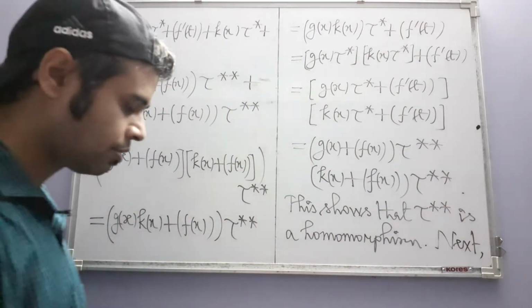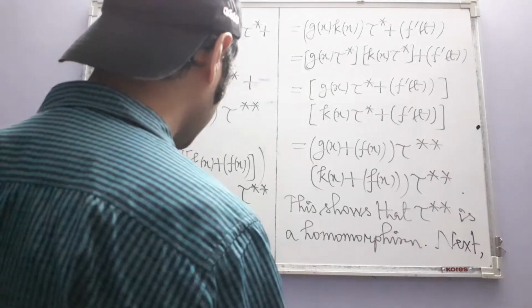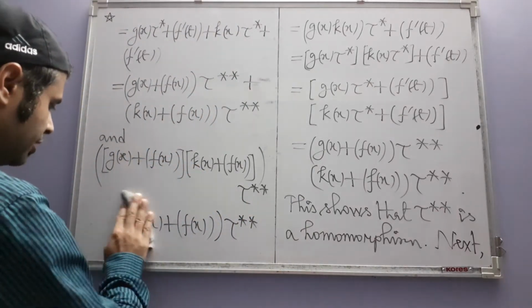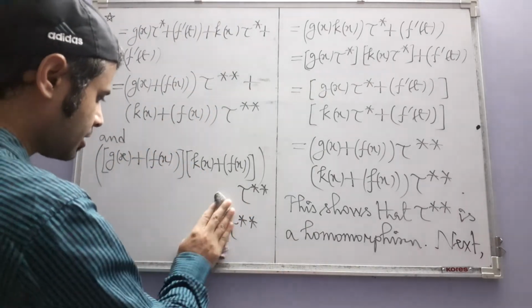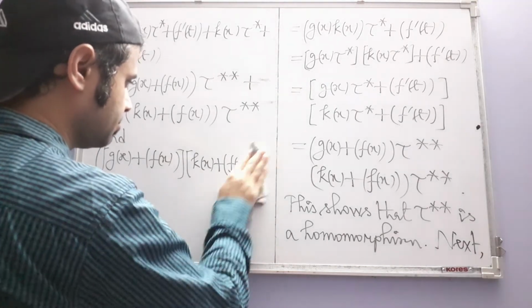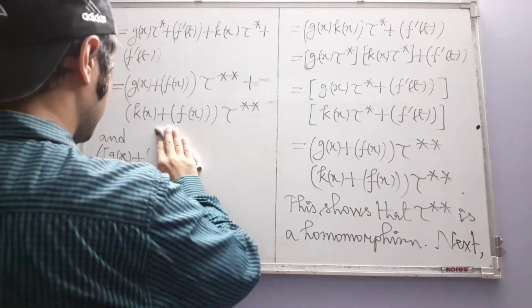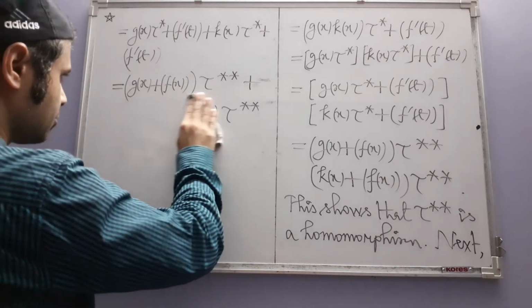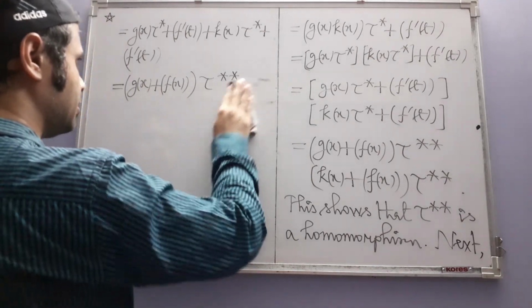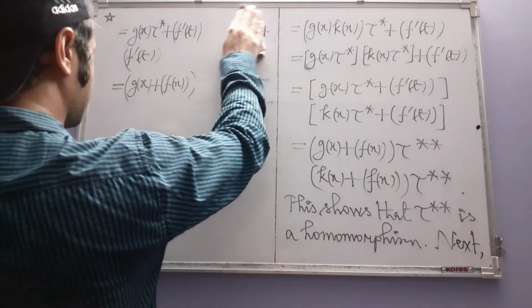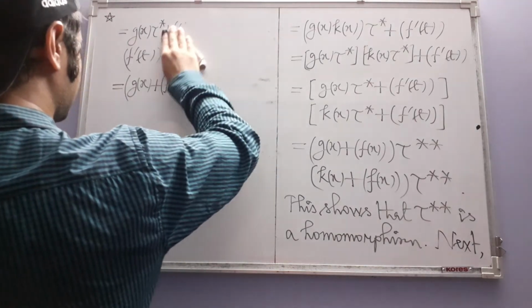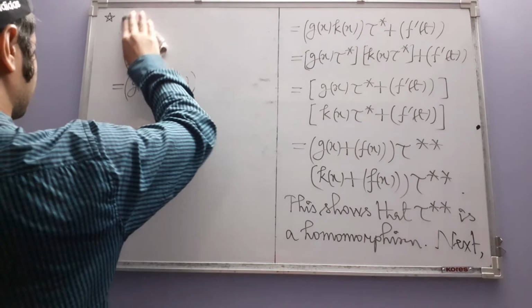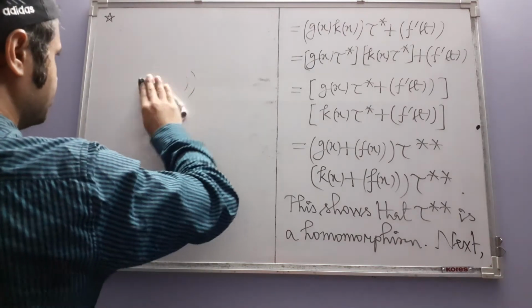And note how everything actually depends on the fact that the previous isomorphism tau star is an isomorphism, and that fact in turn depends on the fact that our original function tau is an isomorphism between the fields f and f prime.